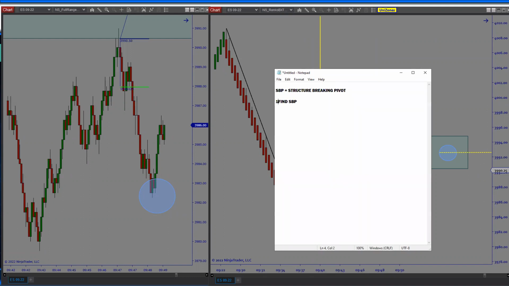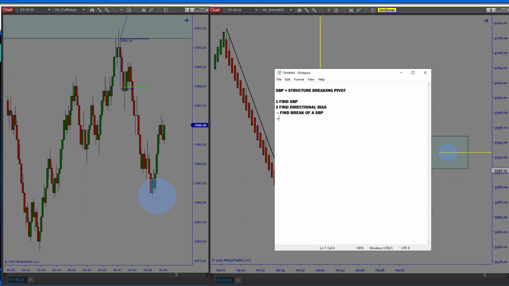Step 1, find the structure breaking pivot. Step 2, we need to find our directional bias. How do we find directional bias? We need to find the break of a structure breaking pivot, and whatever direction it breaks, that's our bias.